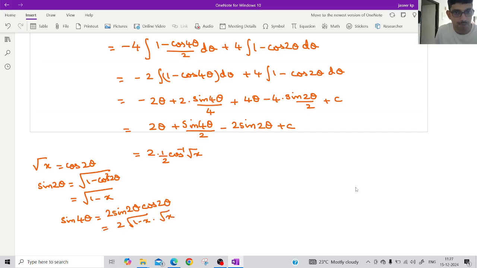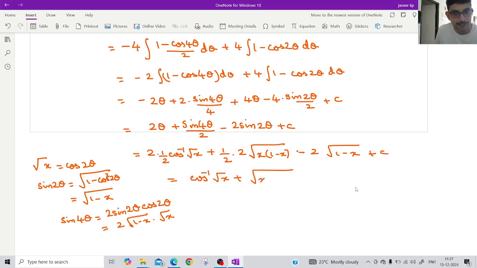So that means it will become plus 1 by 2 into 2 root of x into 1 minus x, then minus 2 root of 1 minus x plus c. So that is cos inverse of root x plus root of x into 1 minus x minus 2 root of 1 minus x plus c. So this will be the final answer.